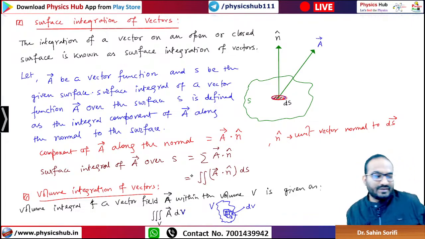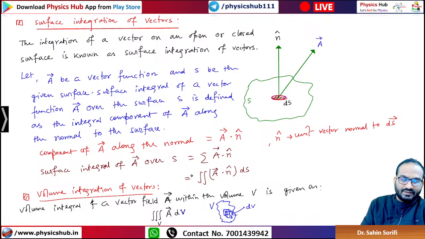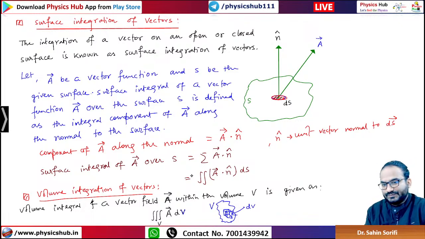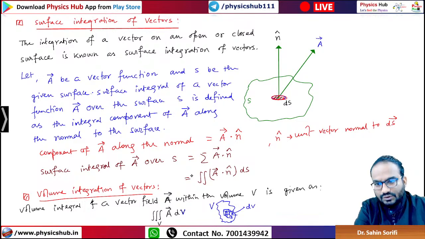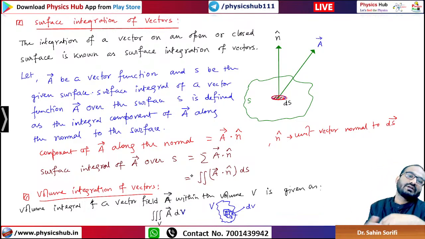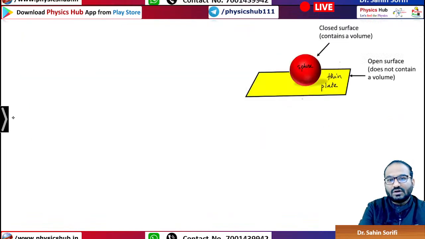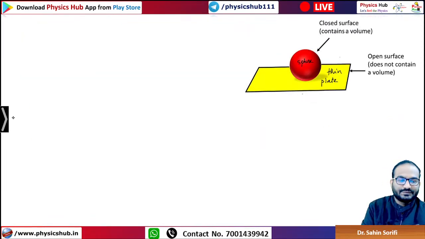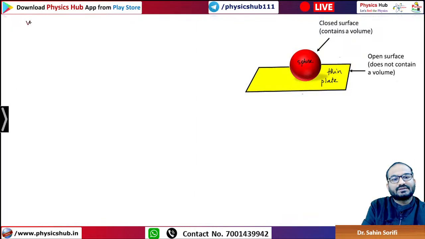Now there are two very important theorems, divergence theorem and Stokes theorem, relating to these open surfaces and closed surfaces. And this divergence and Stokes theorem will help you to convert from line integral to surface integral to volume integral in this way. So let's talk about those two theorems. Those theorems are very important, vector related theorems.